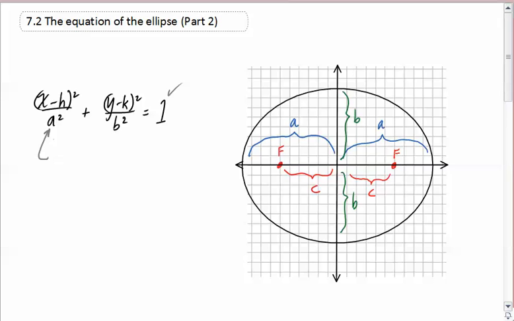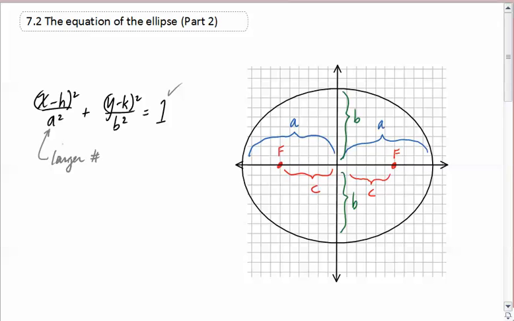The a squared is always going to be the larger number on the ellipse. It's different for the hyperbola. We'll look at that in the 7.3 section. But this a squared is always going to be the larger number.